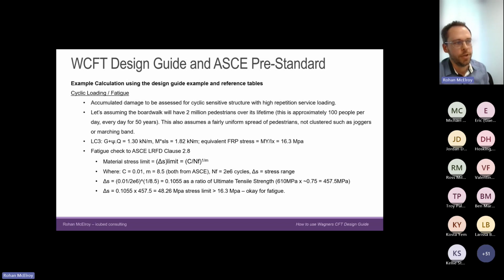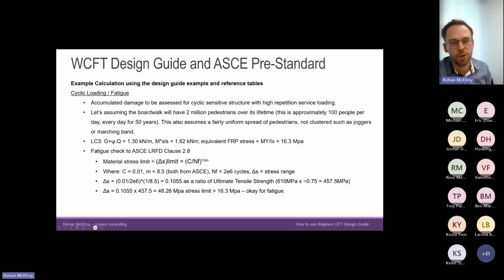And we're trying to solve for a stress range to assess fatigue damage, or the potential for fatigue damage, in this scenario. So once you work that out, the stress range is equal to about 10.5%, and you need to ratio that against your ultimate tensile strength. So this 610 MPa is just pulled from the CFT manual in the member properties section.